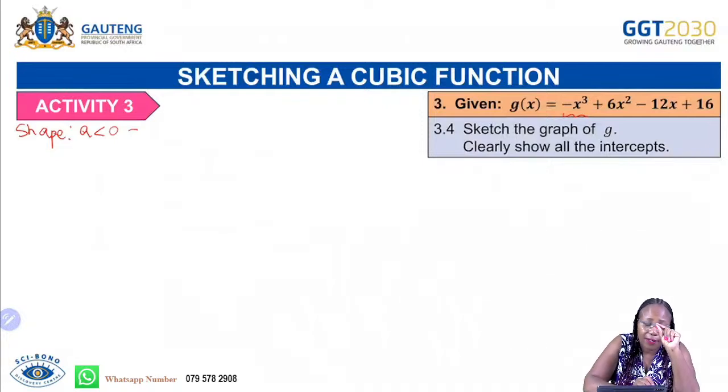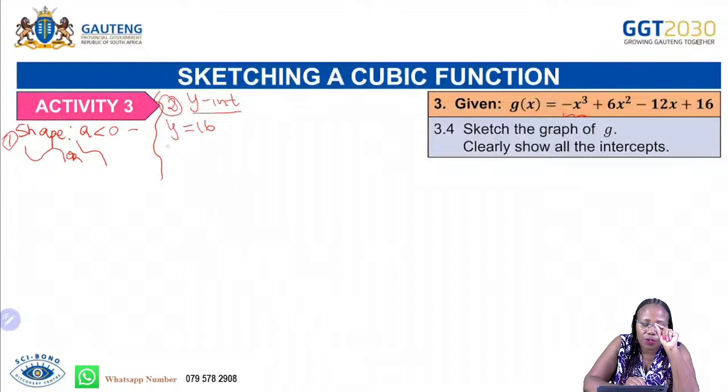So we are expecting a shape that is falling, a smooth curve like that one. That is the first thing. The second one, we need our y-intercept. We have just calculated above that y is equal to 16 with coordinates (0; 16). It's our y-intercept.